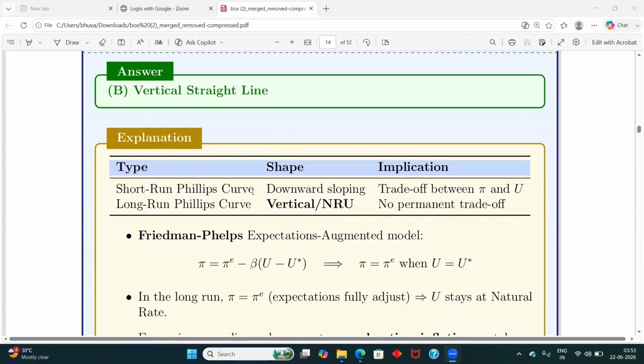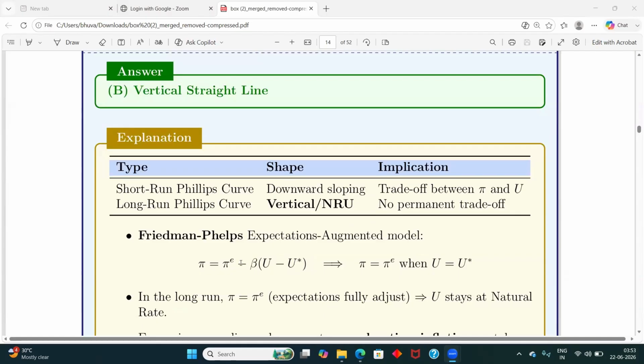In the short run, the Phillips curve is downward sloping. The implication of that is a trade-off between inflation and unemployment. In the long run, the shape is vertical, and it also explains the natural rate of unemployment. There is no permanent trade-off between inflation and unemployment. This is also known as the expectation augmented model given by Milton Friedman.